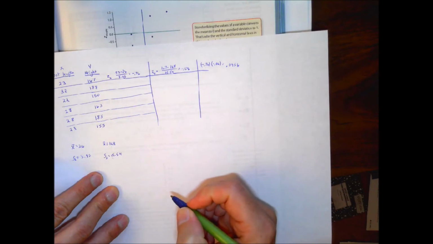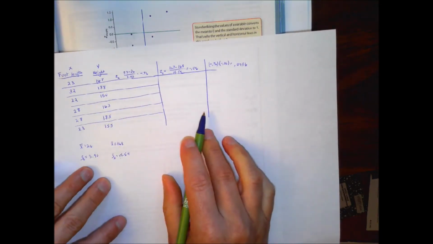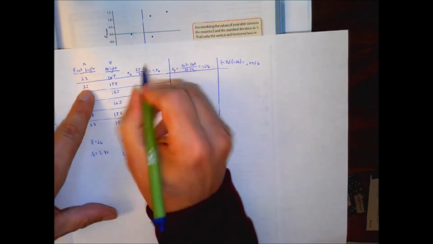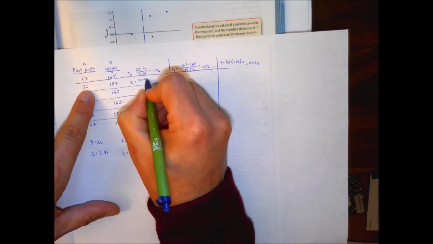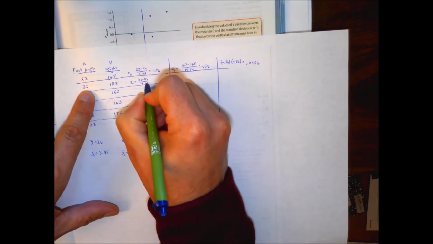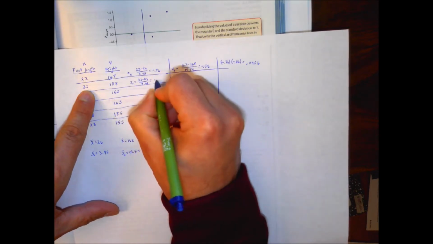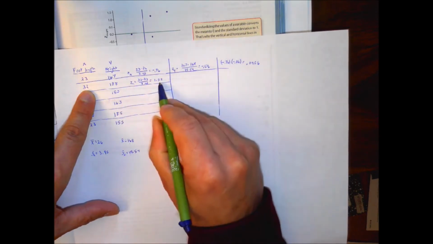Then we want to do the same thing for all the other points. So for this point, my z for this x is going to be 32 minus 26 divided by 3.95. That gives me about 1.52. So that's farther away from the mean, right?